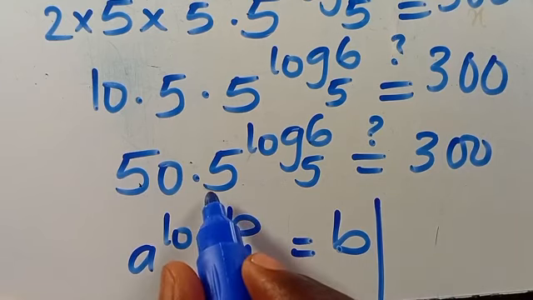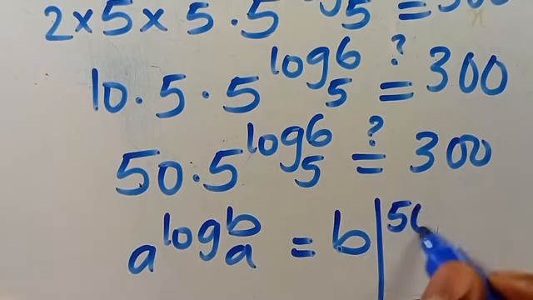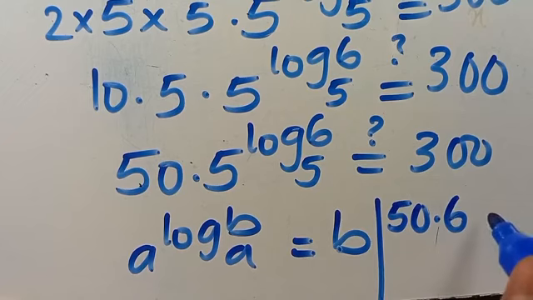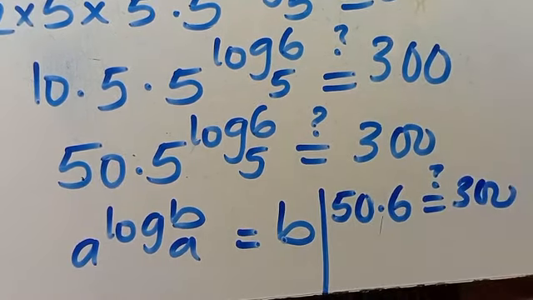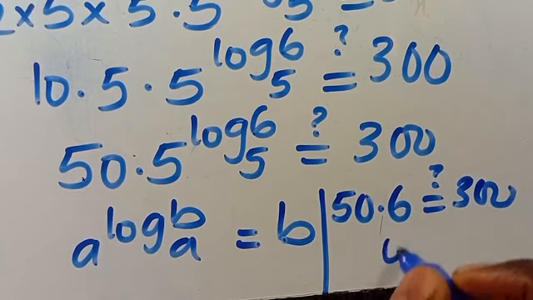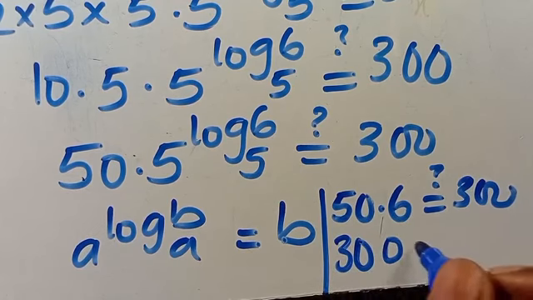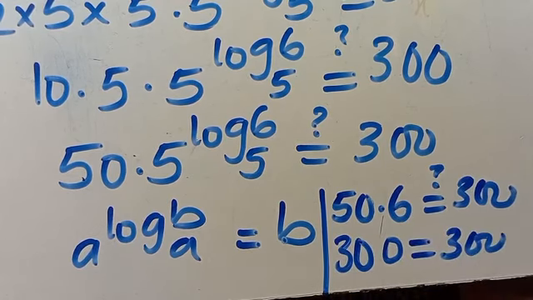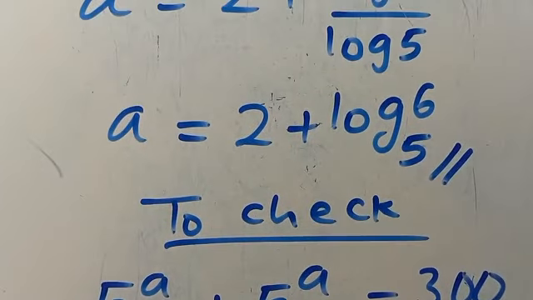Now look at this 5 equivalent to this, so we have 6 here, meaning that we have 50 multiplied by 6, then it's going to give us 300. Now 6 times 0 will give us 0. 6 times 5 will give us 30. That makes it 300 equals 300. So therefore A equals this, which satisfies the problem given to us.